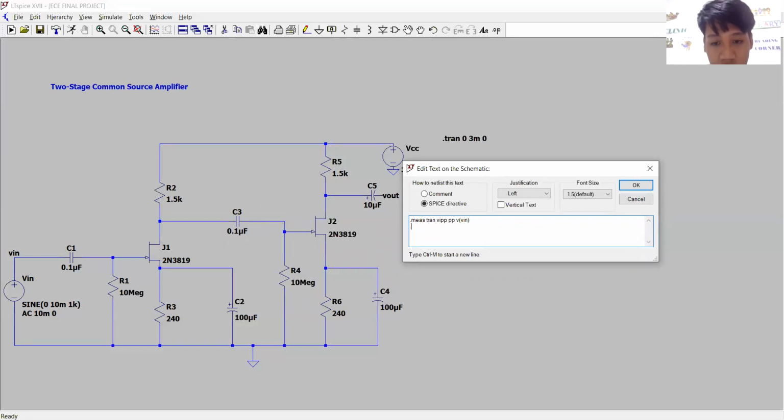Next we will measure the output voltage peak-to-peak, VOPP.